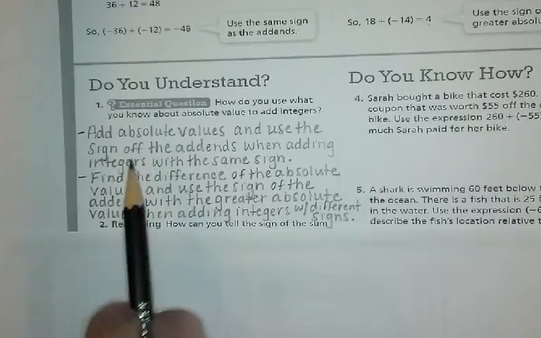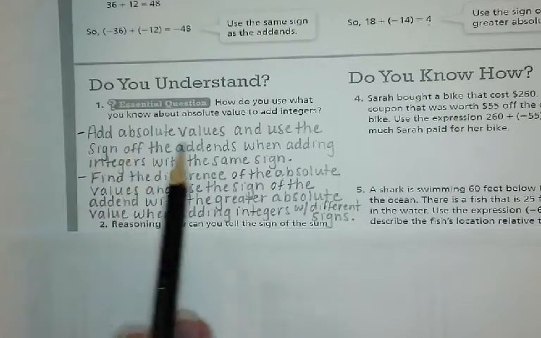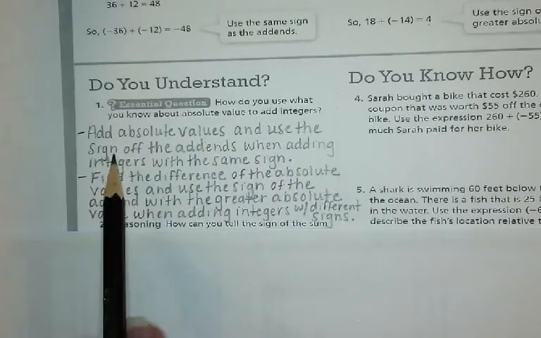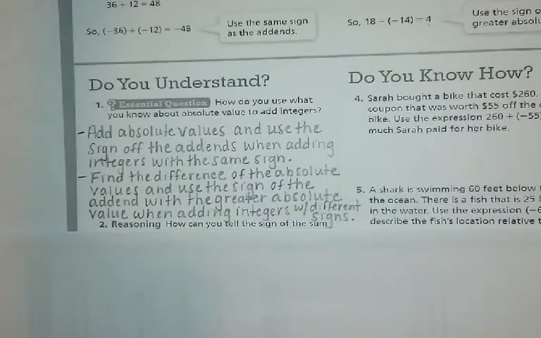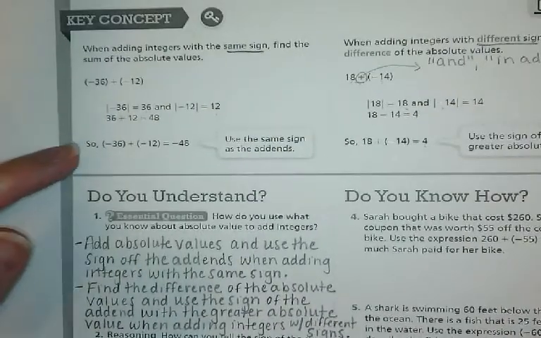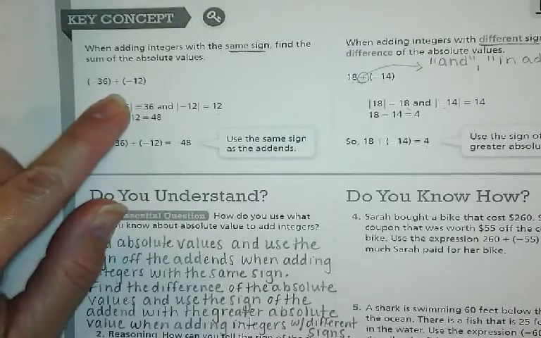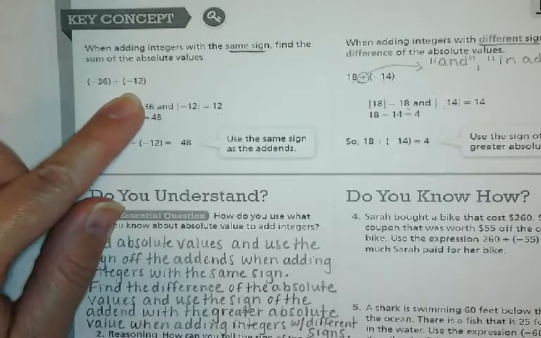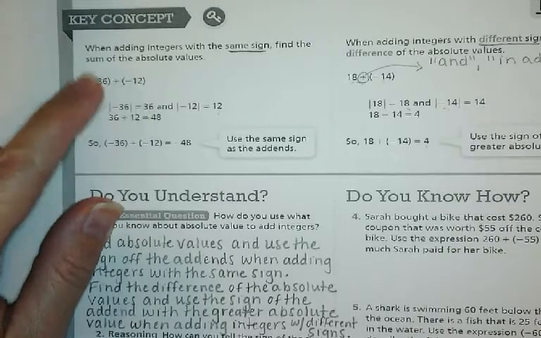To answer this question, 2 points. Number 1, add absolute values and use the sign of the addends when adding integers with the same sign. And that's what we did up here in the example on the left. So if we're adding a negative 36 and a negative 12, think about what negatives could represent in this situation.